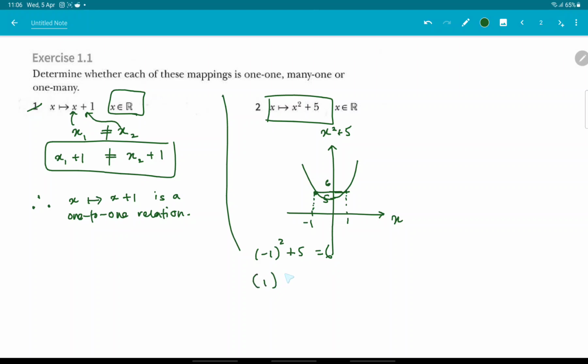If I put 1 squared plus 5, you will get the same value. So (-1) squared plus 5 is equal to 1 squared plus 5. They give you the same value. It means that two values give one value. That means this relation is a many-to-one relation, many values mapped into one value.